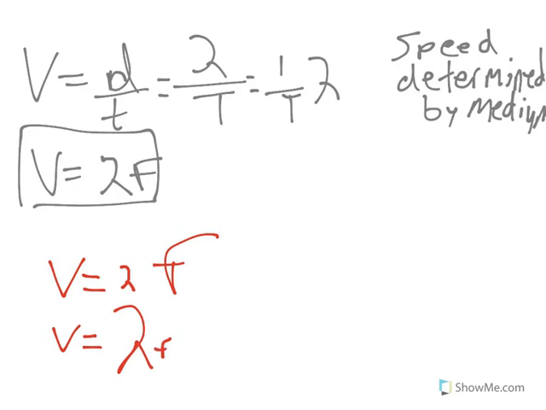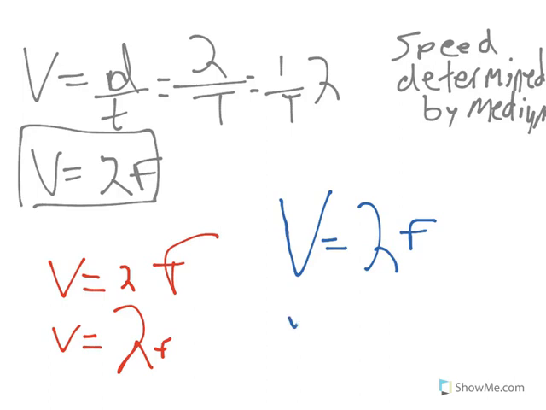By that same token, if we change the medium, and there's many ways we can do this, one is by stretching a string or stretching a spring or making them more taut. You can change the wave speed by making the air denser or by going from air to water, numerous different ways. But if we change the velocity and the velocity gets bigger and the frequency stays the same, then the wavelength has to get bigger.